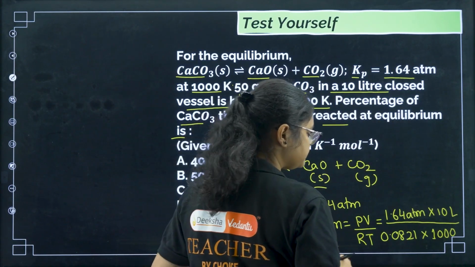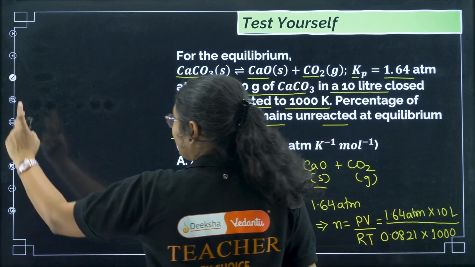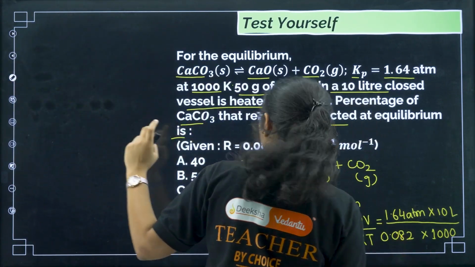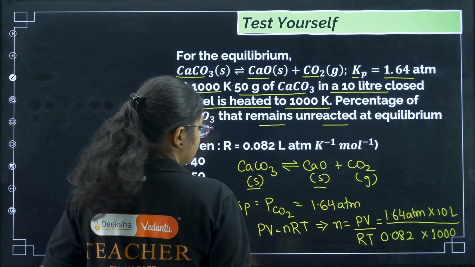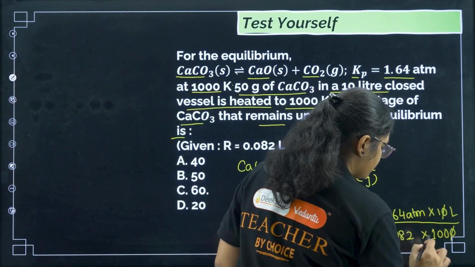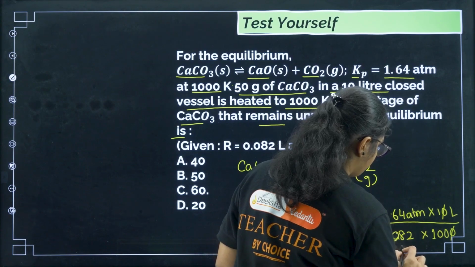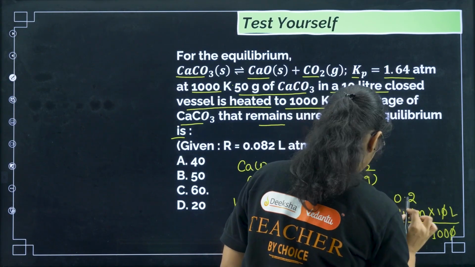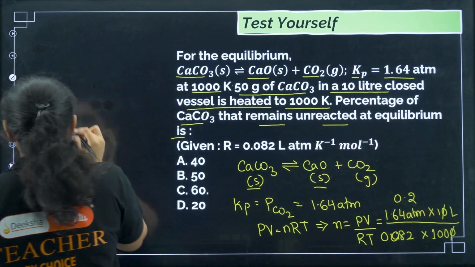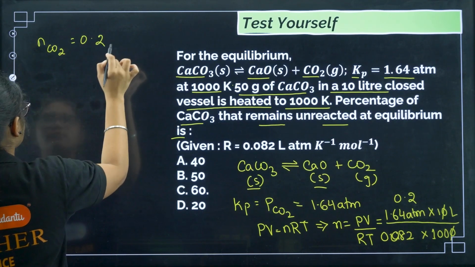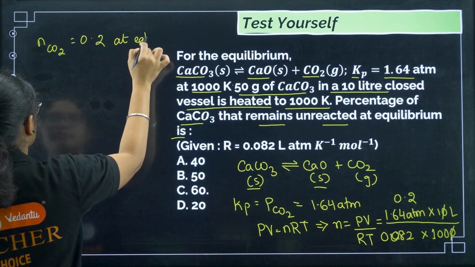Now here if I just make it a little simple for calculation, I'll make it 0.082. Now if I see 10, 0 can get cancelled here. So this is 8.2 divided by 1.64. So I'll get 0.2, right? So I can say that number of moles of CO2 is 0.2 at equilibrium.